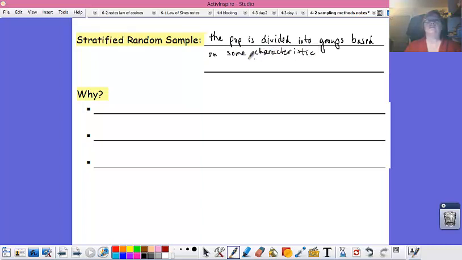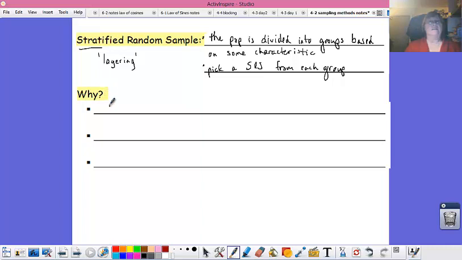Once you have your population divided, then you pick a simple random sample from each of the groups. And stratified, you can think strata is layers, so you're layering your population based on a characteristic. Why would a statistician choose to do this?